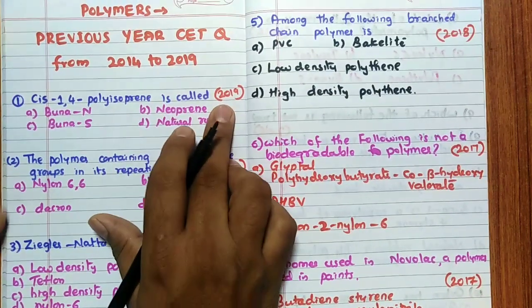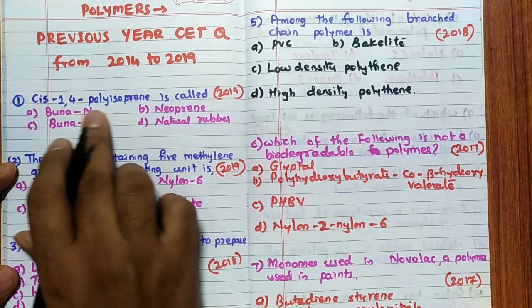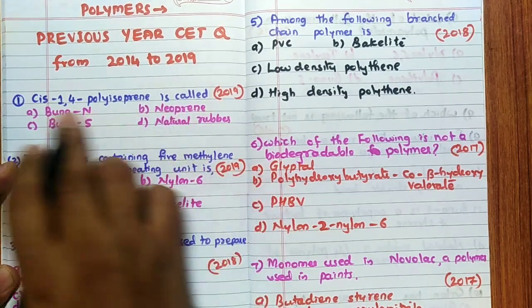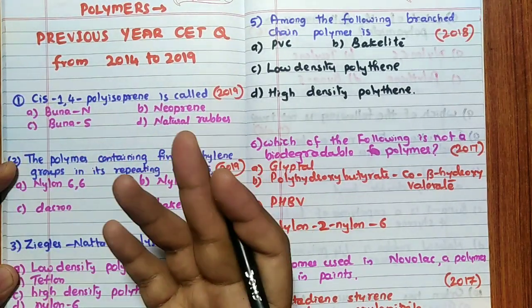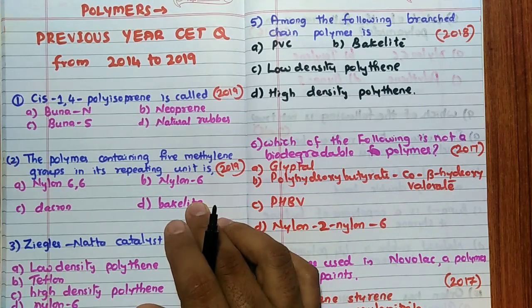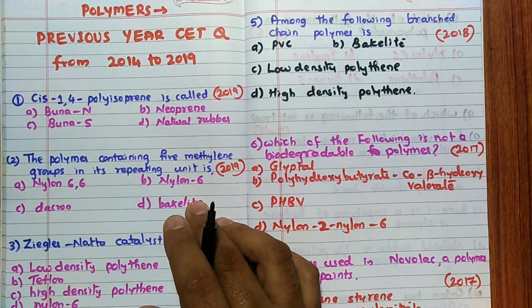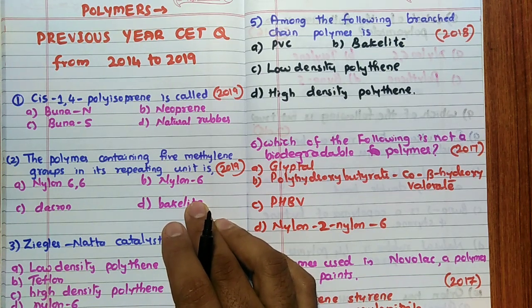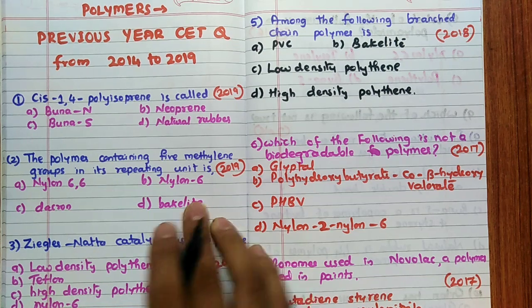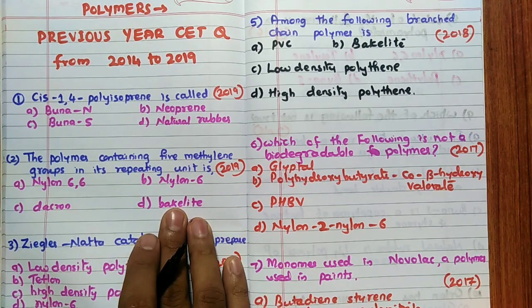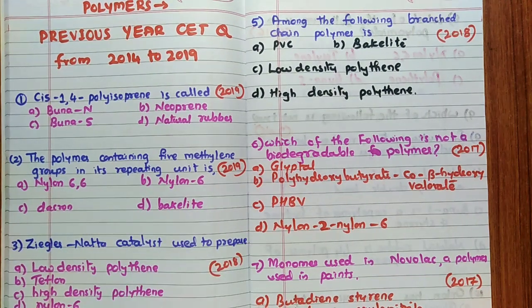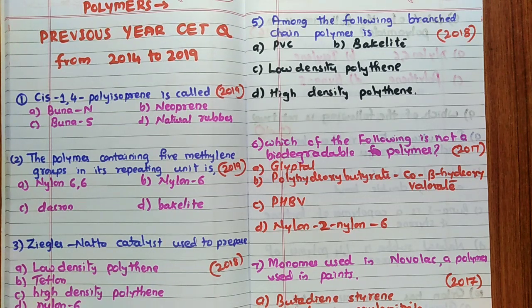First one: 2019 asked a question. Cis-1,4-polyisoprene is called? We know that cis polyisoprene is nothing but natural rubber, right? In this particular case, the poly word is there, correct? Whenever the poly word is there, you are going to see polymer formation.